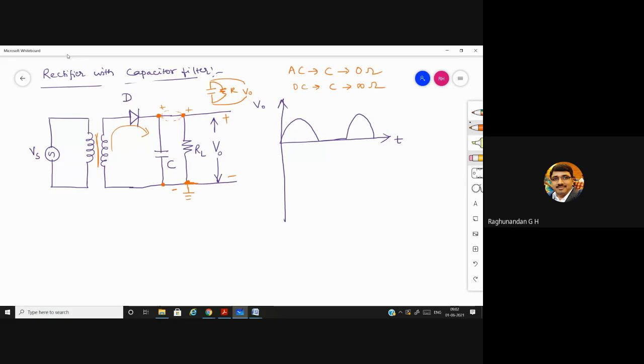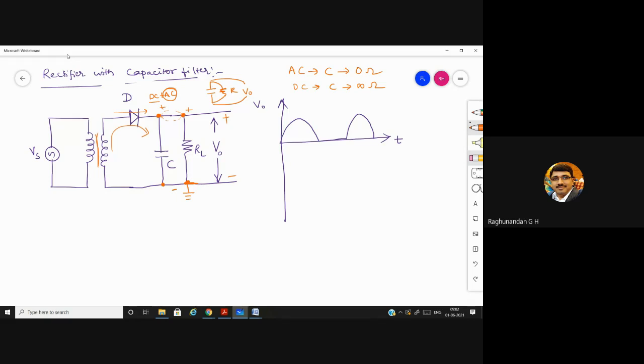Now you tell me, after passing the current through this diode, we are getting a current which is a combination of DC plus AC. For the AC component or AC signal, which is the least resistance path?